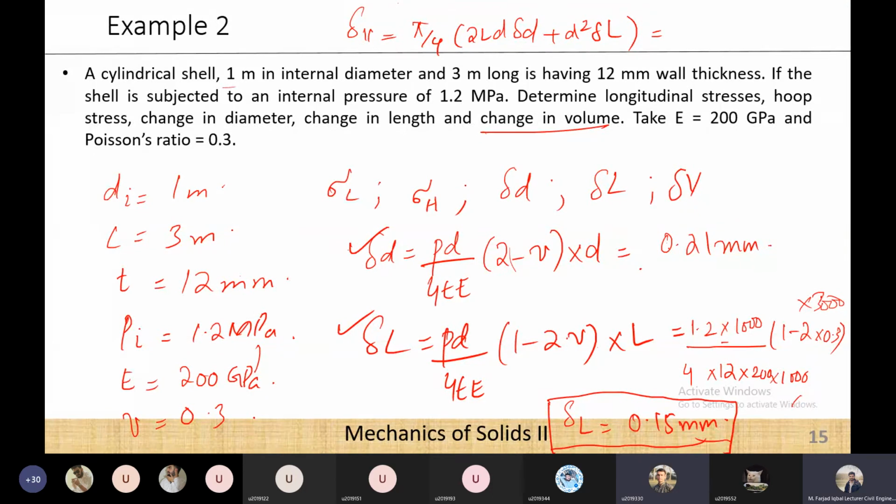Sir, 1.1 mm cube. 1.1. Anyone else? Let me just cross check this answer.